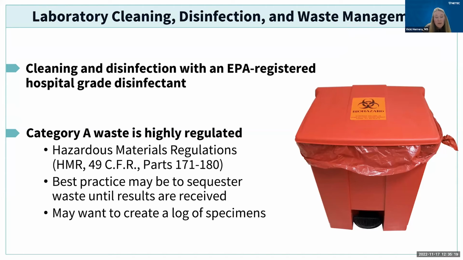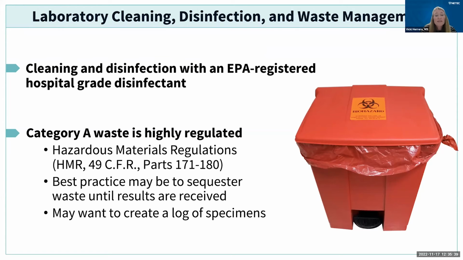All right, waste management. While you are caring for your PUI, you may want to sequester your laboratory waste until the patient is either ruled in or ruled out. If they are ruled in as having Ebola, then that waste is now considered category A waste.